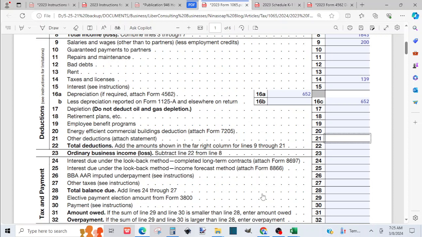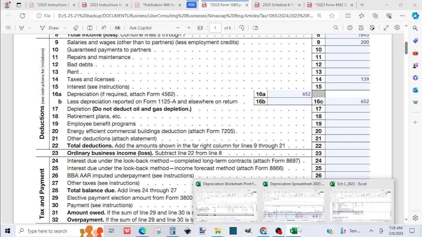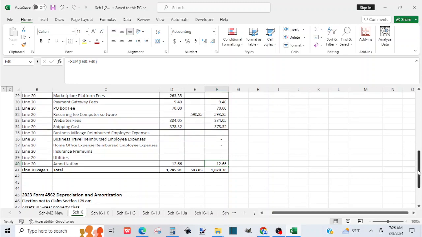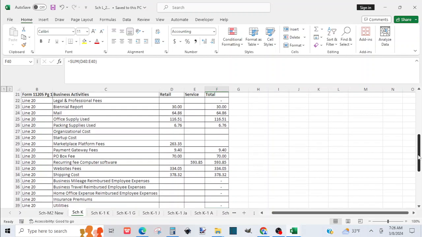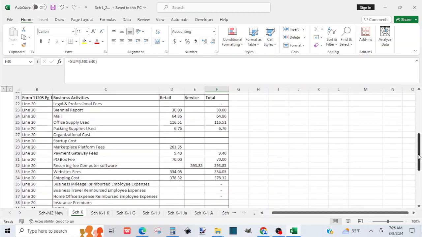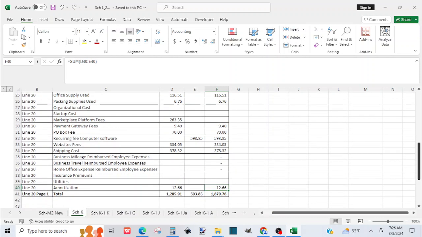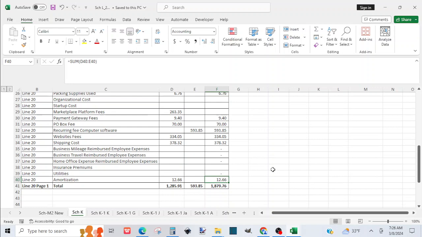So for other deduction, we will go to our expenses, and we have this one here. You can see that there are some expenses that we don't have a specific line for, so we are just going to copy it. It's going to be 1880.